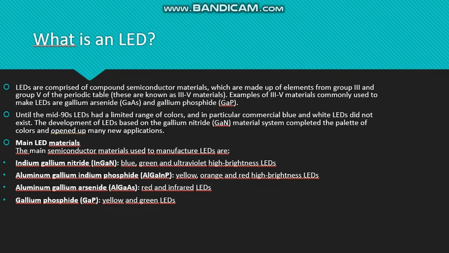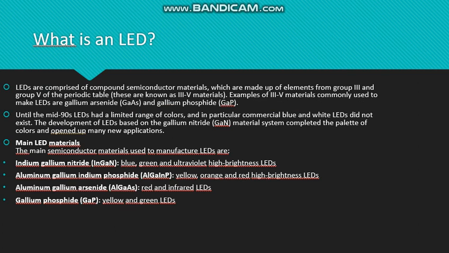LEDs are comprised of compound semiconductor materials which are made up of elements from group 3 and group 5 of the periodic table. Examples of 3-5 materials commonly used to make LEDs are gallium arsenide and gallium phosphide.